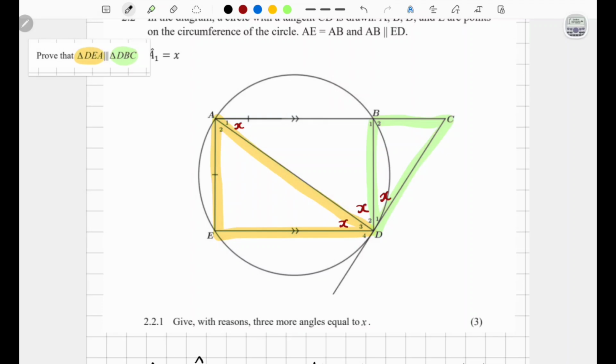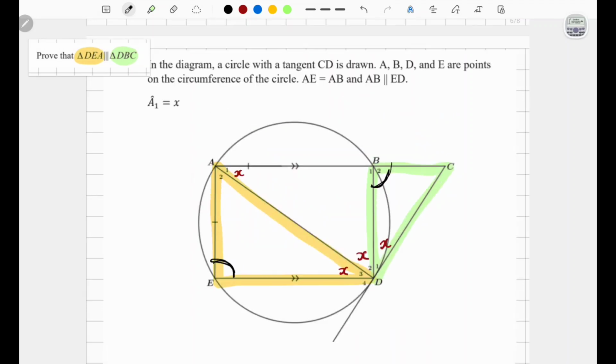In order to find this, we can think about the order in which they named it. The order is very important. It actually tells you how they're going to be equal to each other. They said D, E, A, right? So D being the one with X, then E, and then A. So name that triangle as well like that so that you can see what angle is probably equal to what angle. So that is DBC, see, with the X, then B, C. So let's think about that.